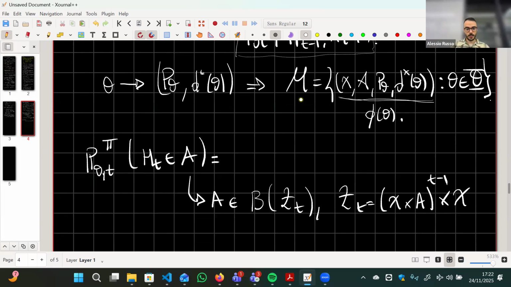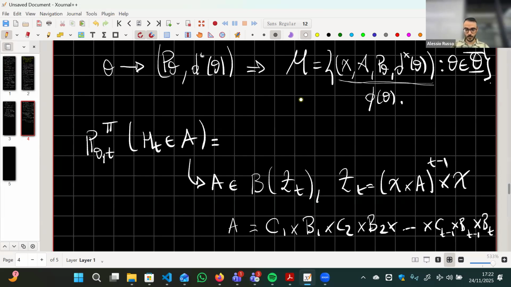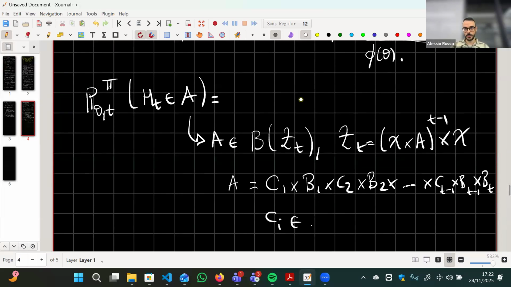Since this is the Borel sigma algebra of cylinders, we can simply consider any A of this form, where each Ci belongs to the sigma algebra of the set of observations.